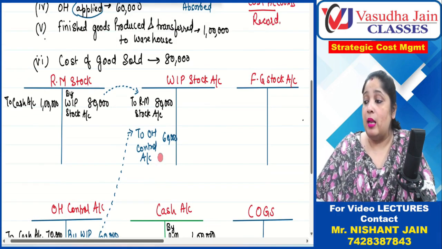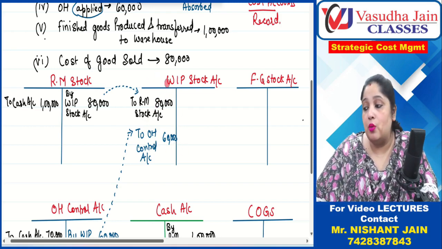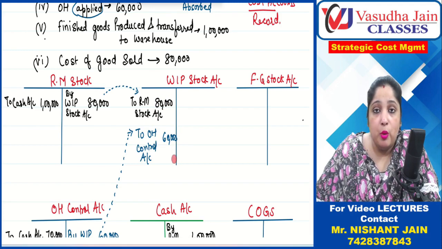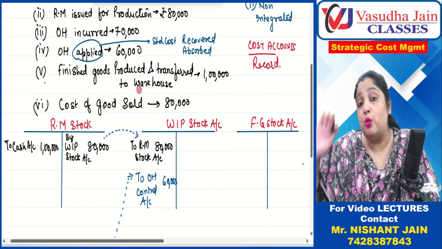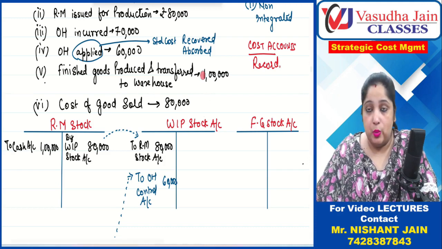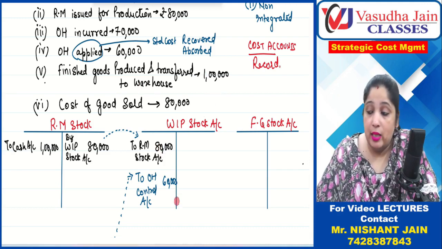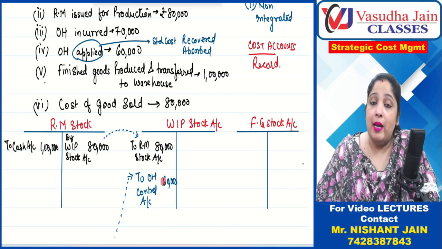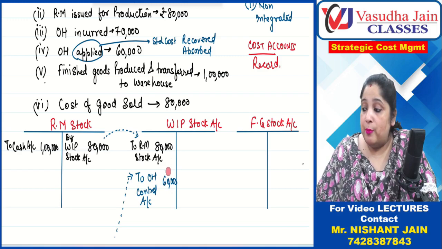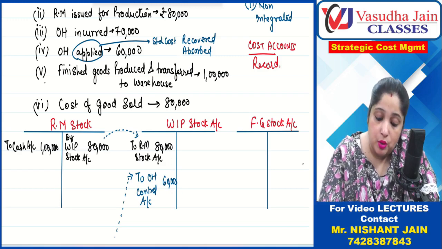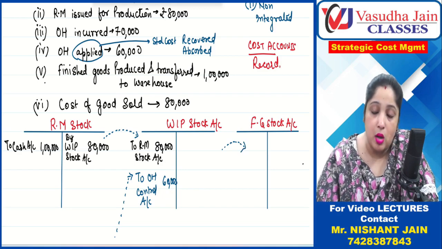Okay. Now, is any good finished out of this work in progress stock of 1,40,000? Answer is yes. They have written that finished goods produced and transferred to godown is 1 lakh rupees worth. So okay, fine, that means out of 1,40,000, 1 lakh worth of goods have been produced. So work in progress stock is no more 1,40,000. So I will transfer work in progress stock to finished goods stock account.